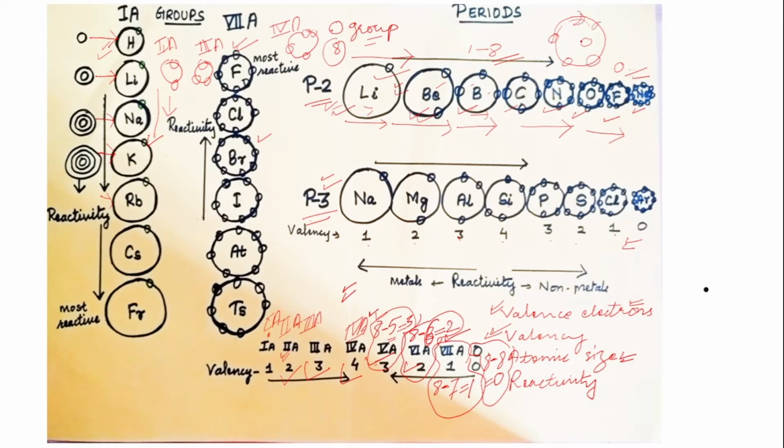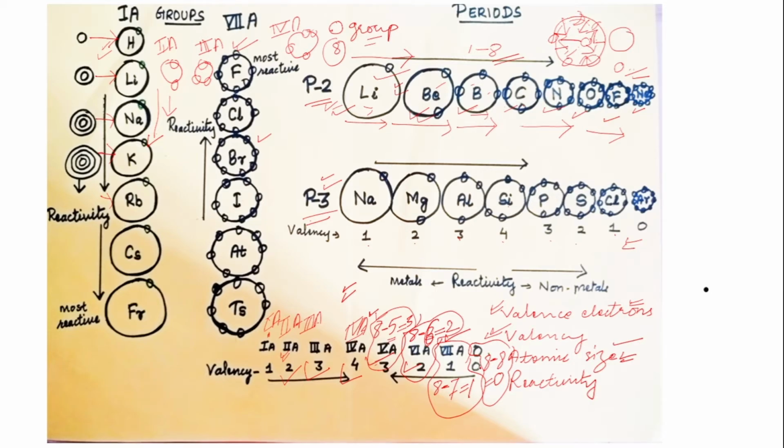The nucleus is exerting greater charge on the electrons, and this greater nuclear positive charge is making the shell contract. The nucleus is pulling the valence shell towards itself. That is why it makes the size smaller. So this is why atomic size gets smaller while moving from left to right in a period. Now, this is about atomic size.